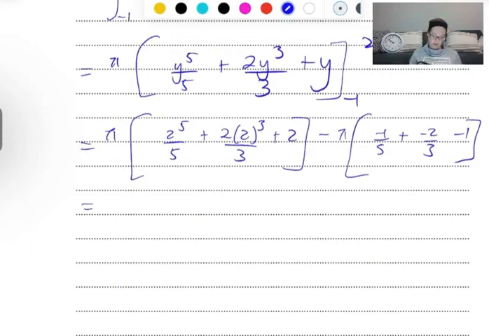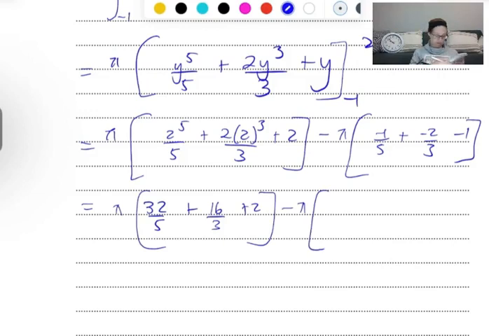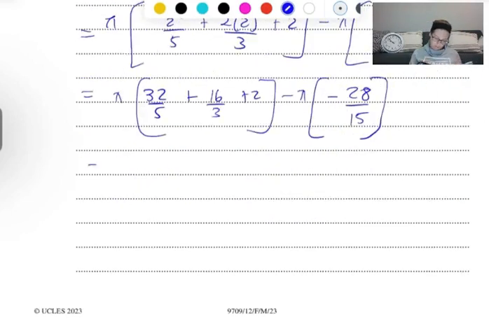Okay, so 32 over 5 plus, wait, 2 to the power 3 is 8. Plus 2 is 16 over 3. So 32 over 5 plus 16 over 3 plus 2.